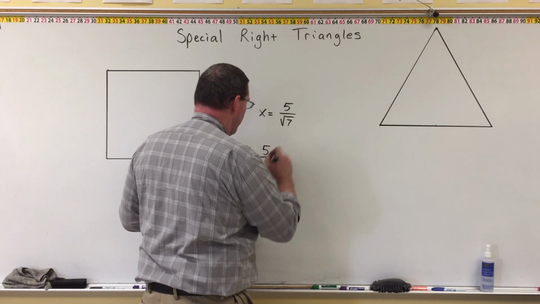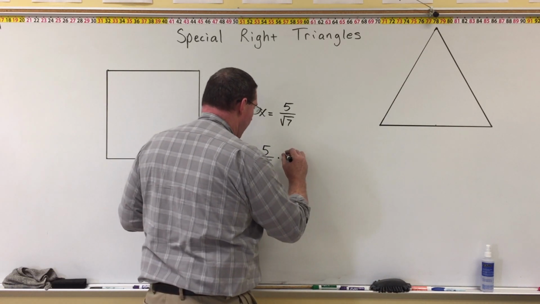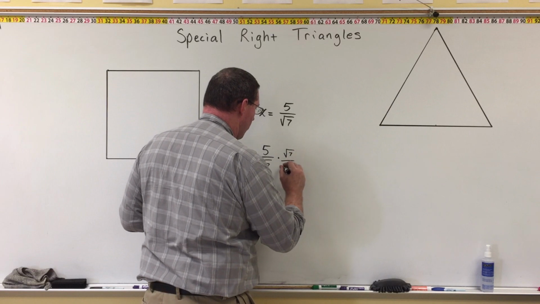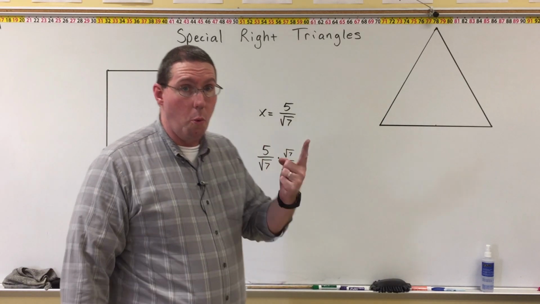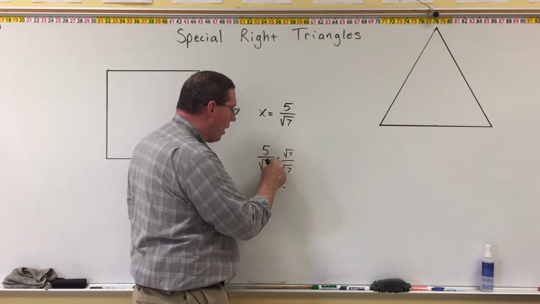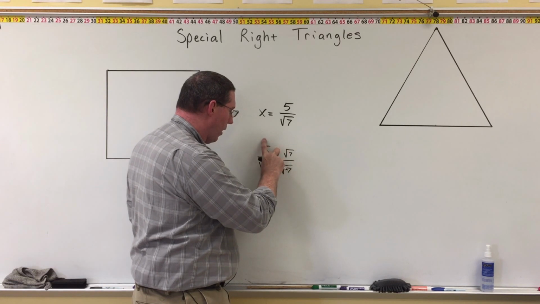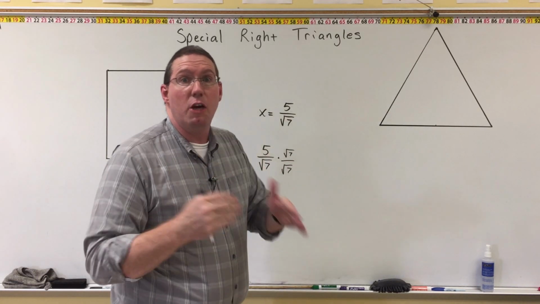So you take your number that you have, 5 over the square root of 7, and then you multiply by the square root of 7 over the square root of 7. See, the square root of 7 divided by the square root of 7 is equal to 1. Remember, any number divided by itself is equal to 1. And whenever you multiply a value by 1, it still equals the same thing.